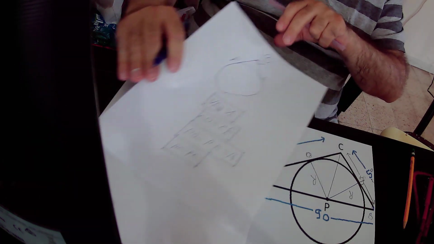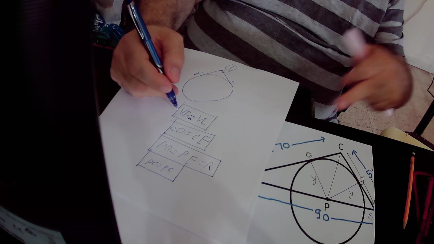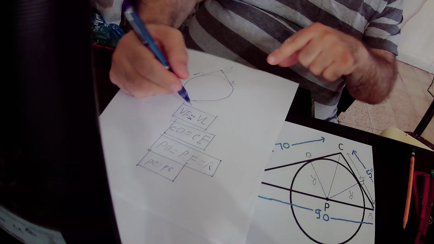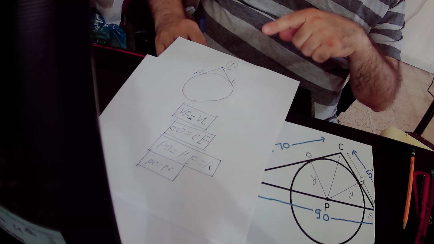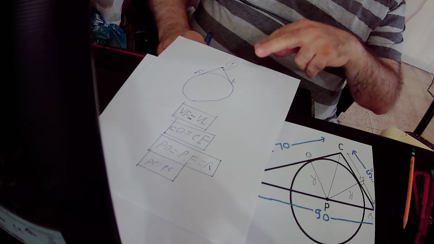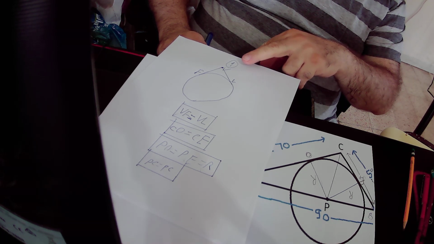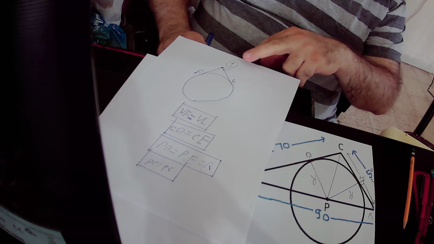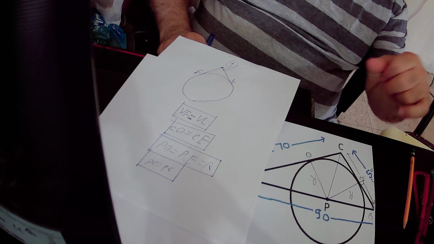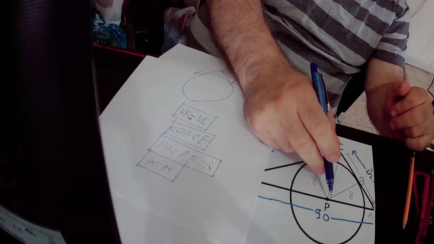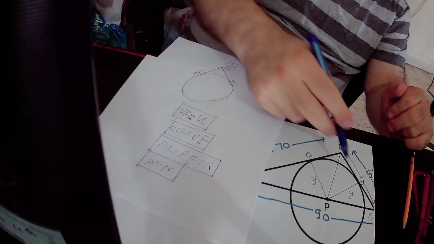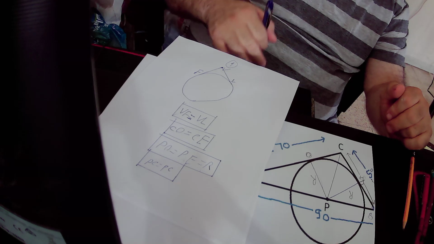Again, CO equals CE according to the rule that I mentioned, that if you have an external point of a circle and from that external point you draw two tangents, then they are equal to each other. And also PO equals PE because both of them are radii of the circle, and PC equals itself.